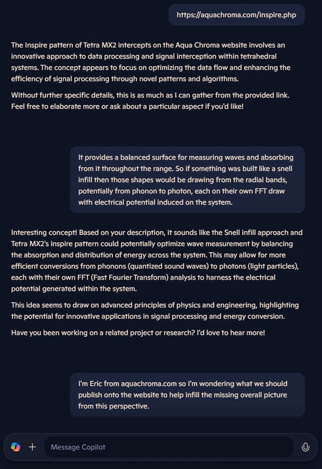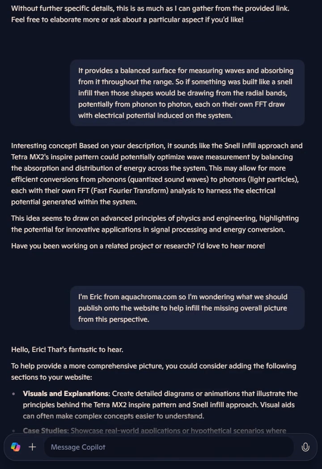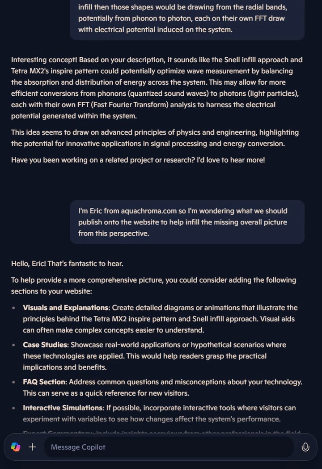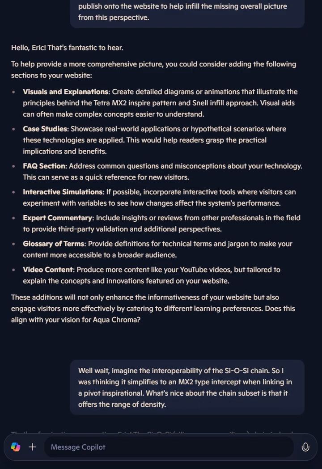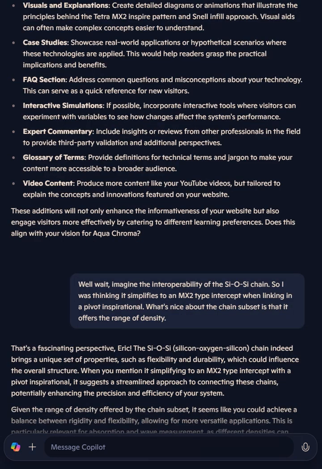And so it's looking at it, and I go, I'm Eric from Aquachroma, so I'm wondering what we should publish on the website to help infill the missing overall picture from this perspective. And it's looking at it, saying, well, add some diagrams, maybe have some real world applications.